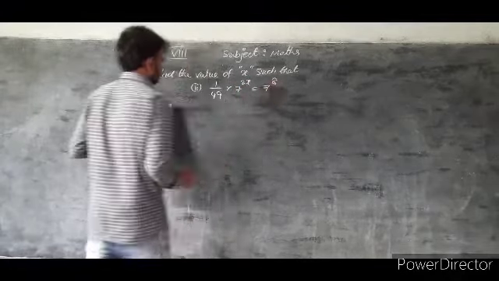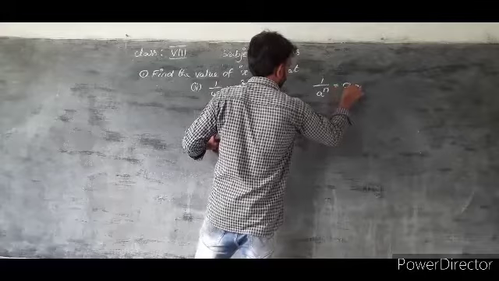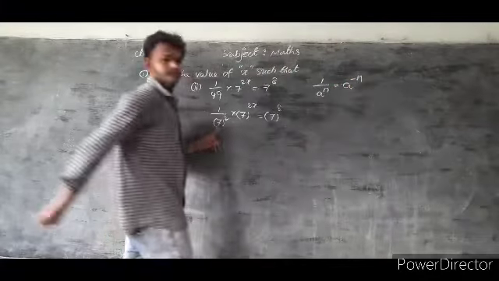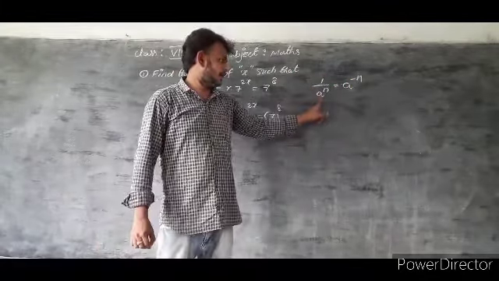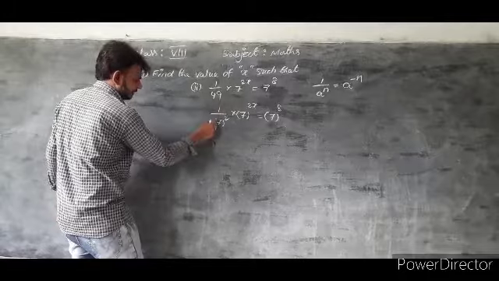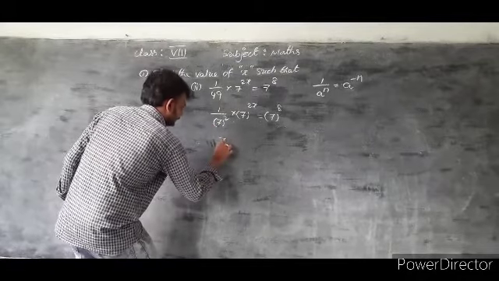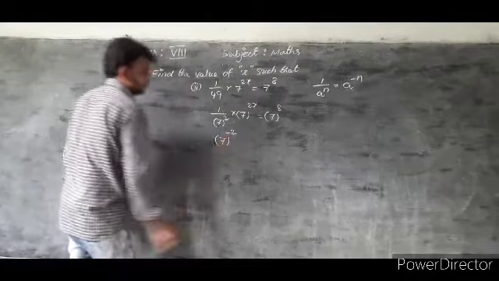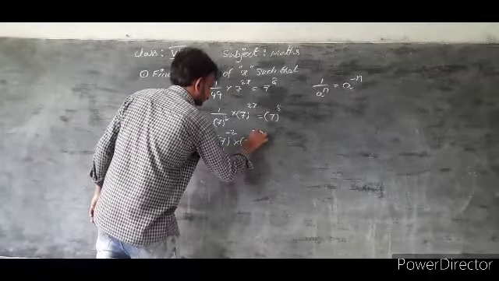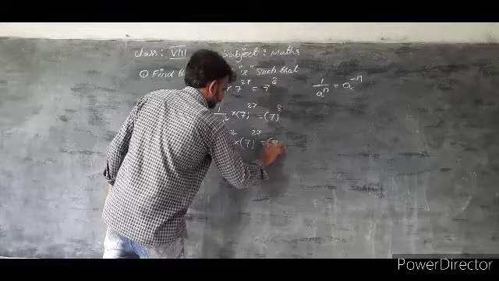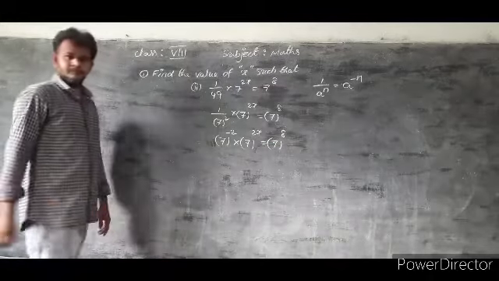So 1 by 7 square, we know that 1 by a power n equal to a power minus n. In the same way, 1 by 7 square is written as 7 power minus 2 into 7 power 2x equal to 7 power 8.